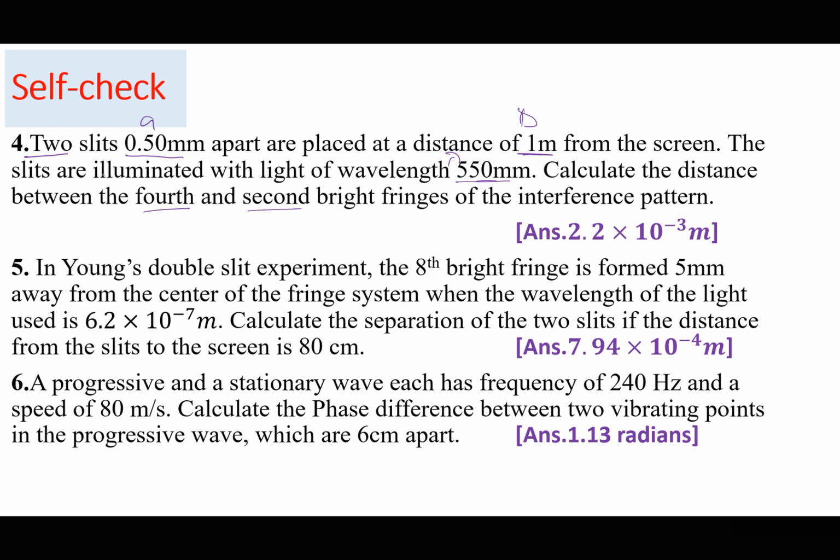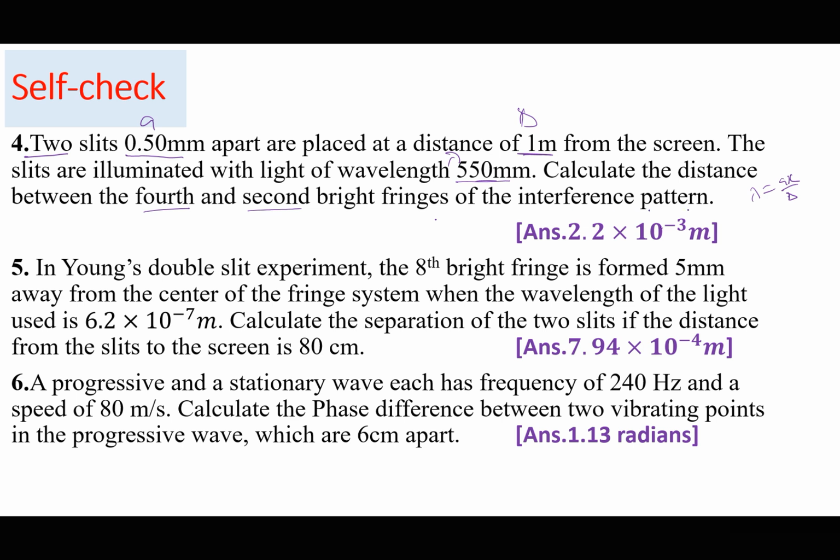Because these are two slits, you are going to use the double slit formula. Remember, for a double slit, lambda equals ax divided by D. So you are finding the distance between the fourth and the second bright fringes of the interference pattern.